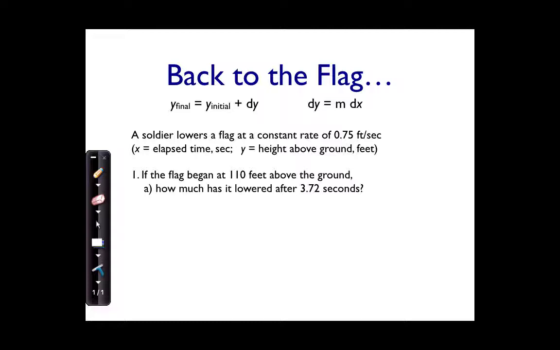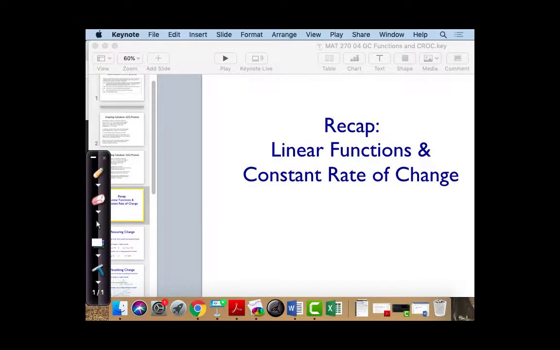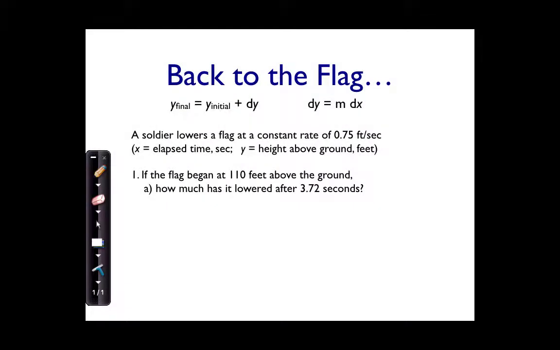So this is asking us here for dy, and we're given dx in the question, and we're given m up above, well, kind of. m is a negative 0.75.